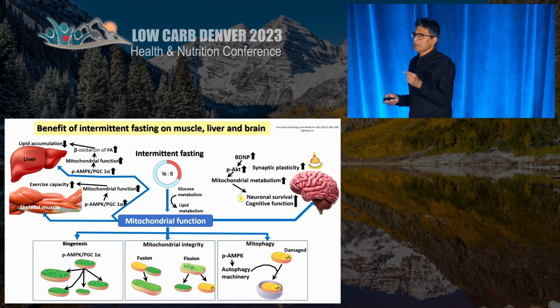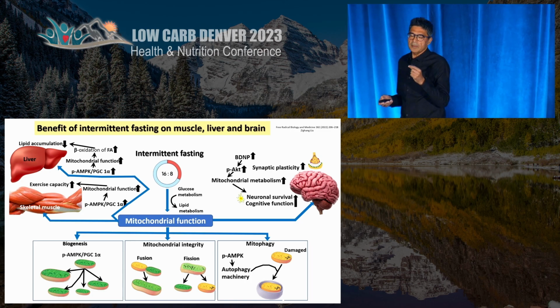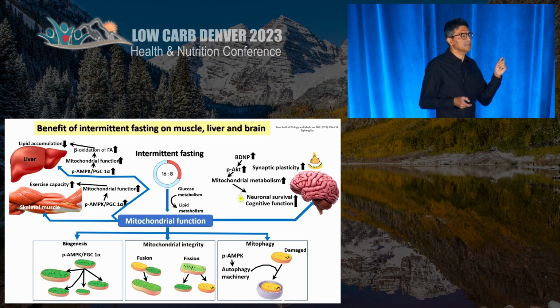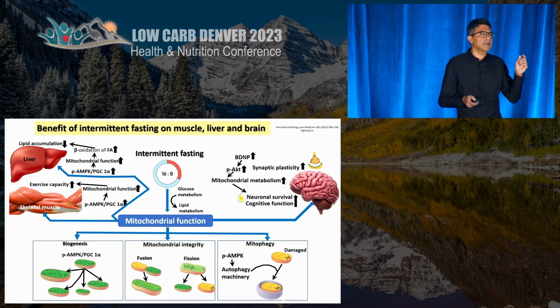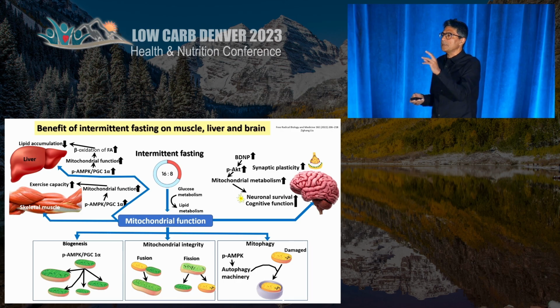Now, the literature on intermittent fasting and improvement in mitochondrial function is in its infancy, but there are several biochemical signals that are happening with fasting that improve mitophagy, fusion, fission, and mitochondrial biogenesis.